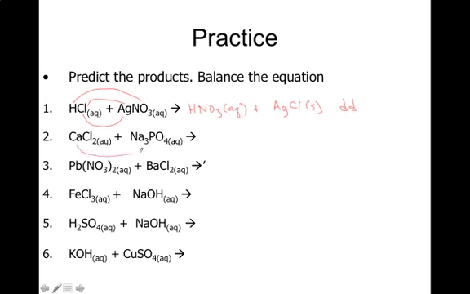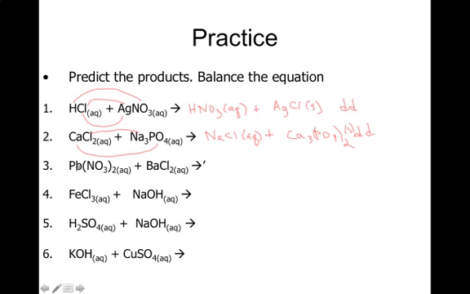Here we have calcium phosphate and sodium chloride. So we formed sodium chloride, that's aqueous, and calcium phosphate, and that was a double displacement reaction, and this would be a solid.